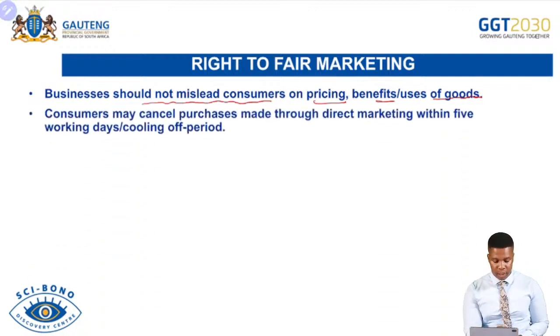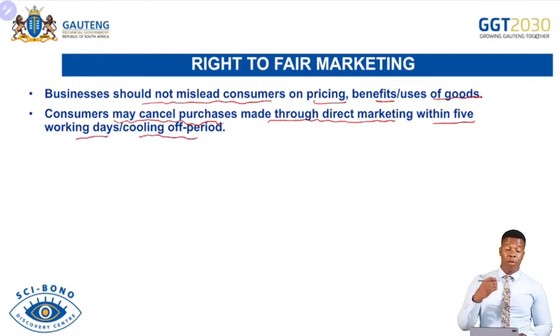And then as we proceed, consumers may cancel purchases made through direct marketing within 5 working days, the cooling off period. For instance, if you buy items over the phone, sometimes you only realize when they get delivered that they don't have the features that they said they would have.